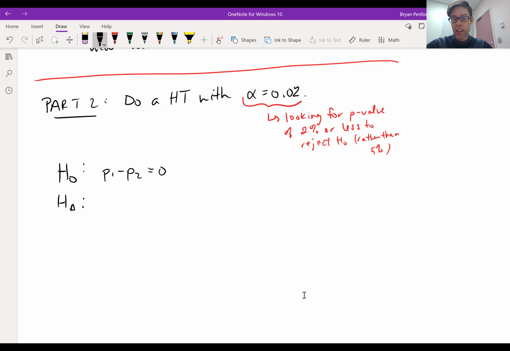And then our alternative is always going to be that there is some kind of difference. So our alternative in this case is P1 minus P2 is not 0. So this is no difference between the two subgroups, versus there is a difference between the two subgroups.